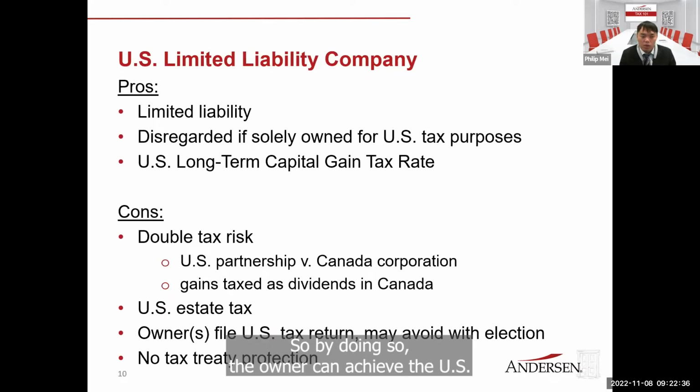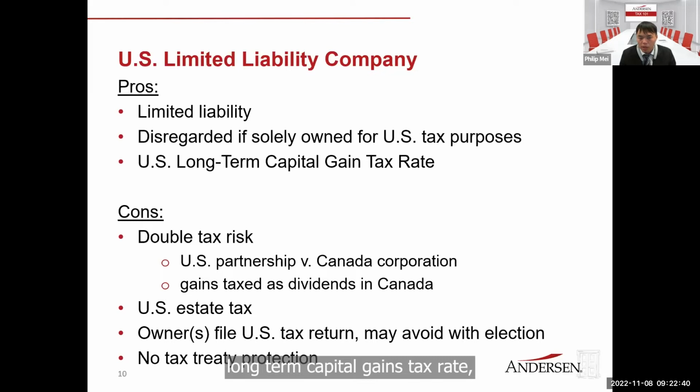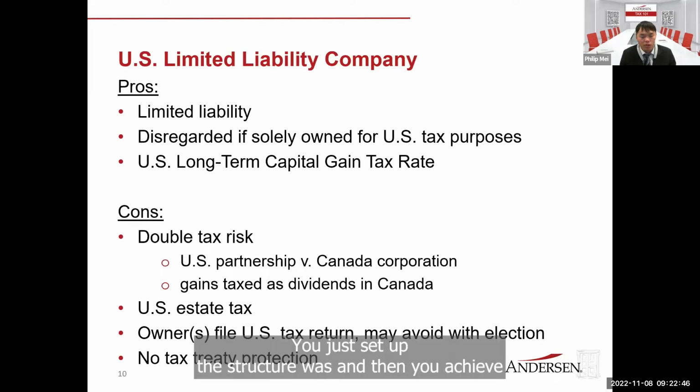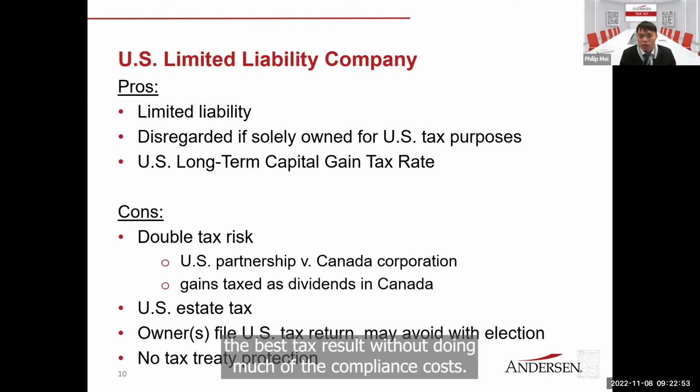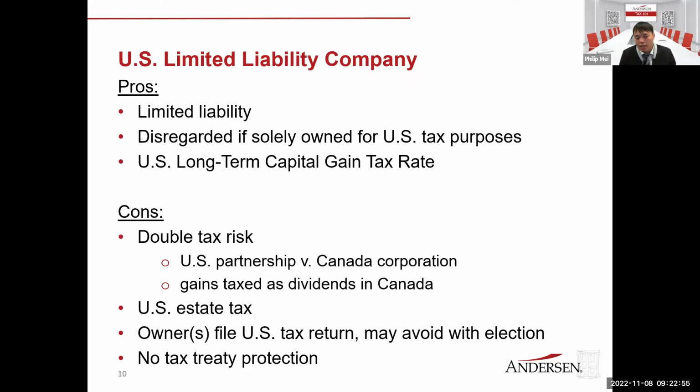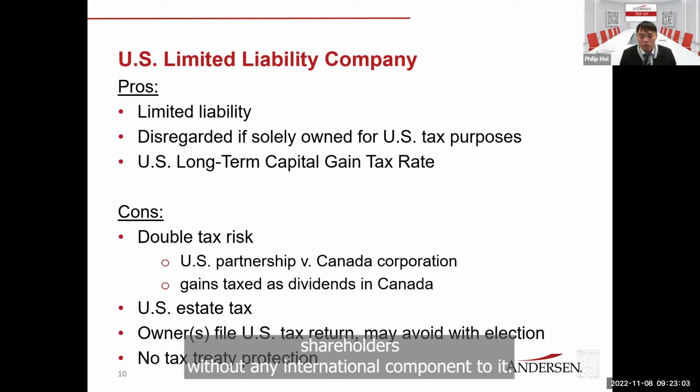By doing so, the owner achieves the US long-term capital gain tax rate, which is preferential, as we have kept emphasizing. So those are great perks. You just set up the structure once, and then you achieve the best tax result without much compliance cost. However, the LLC works best when you're only dealing with domestic US shareholders without any international component to it.